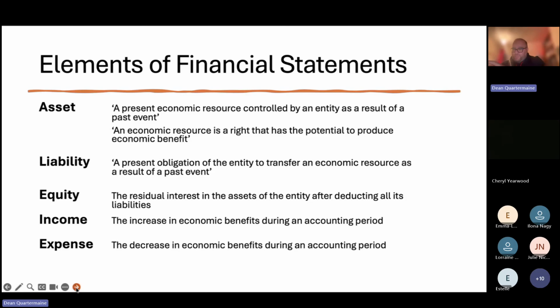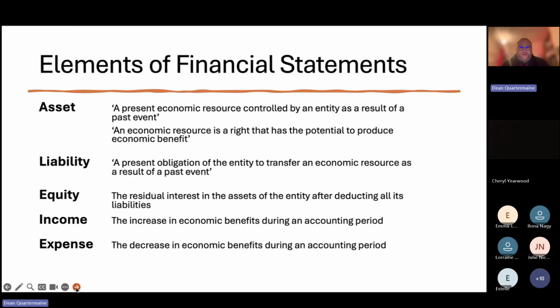Without parcel deliveries, we don't have any revenue. So it has the ability to produce economic benefit. It's controlled by the entity. It's our van. We control it as a result of a past event. The past event is we bought the van. So it sounds like a lot of words, but really it makes a lot of sense. Present economic resource controlled by the entity as a result of a past event.